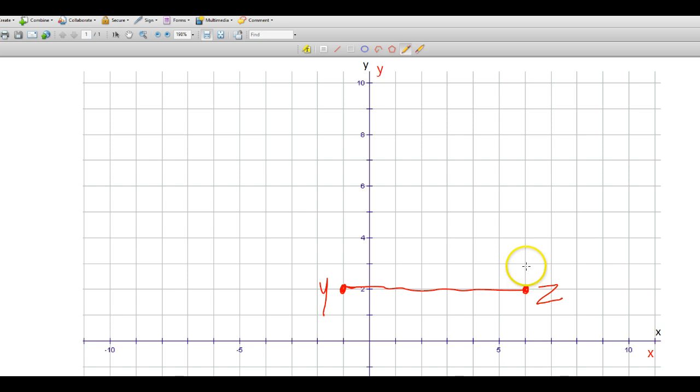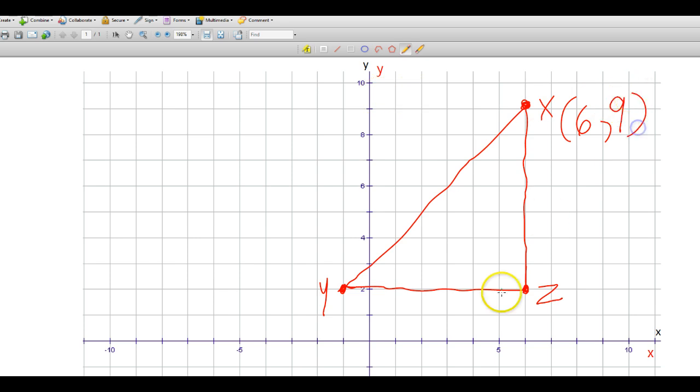So we want this other one to have a length of 7. And that would put X right there. So my x coordinate is 6, and my y coordinate would be 9.